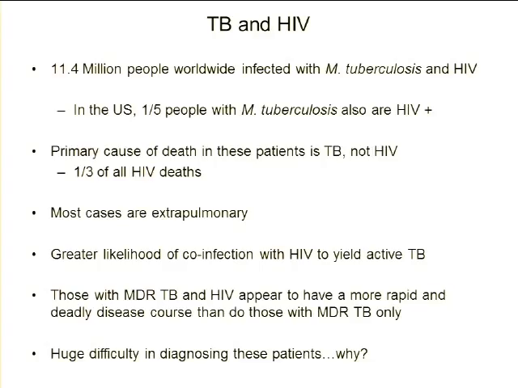So if a patient's always been HIV negative, always been TB negative, right? They've always had a negative PPD skin test, but then they get HIV and their immune system's compromised and they get TB. Well, what's making the antibodies? Their immune system's compromised. They're not making the antibodies, right? So it is difficult to diagnose them based on a PPD test because the immune system is not making antibodies to be detected by the PPD test.